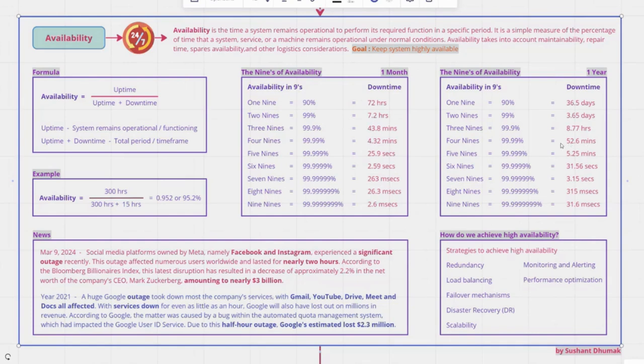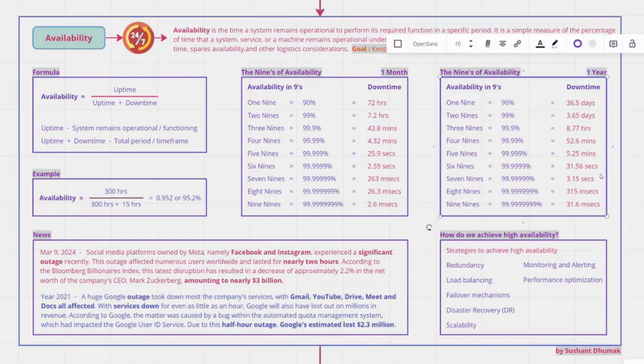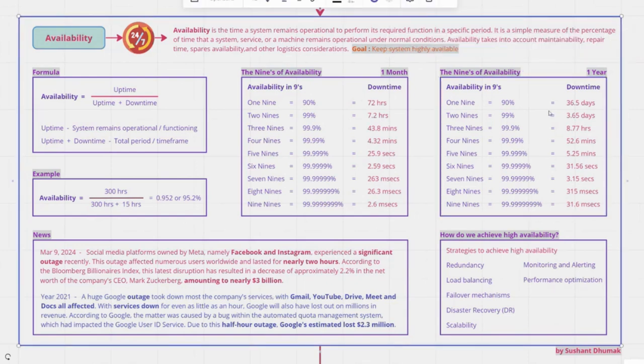So imagine, if the system is down more than 2 nines, 1 nine, how much loss they will incur. So this is again another calculation for a year that if it is okay for you, we can go for 1 nine, 2 nines, 3 nines, but it depends on business to business, system to system, how much they want their system to be available.